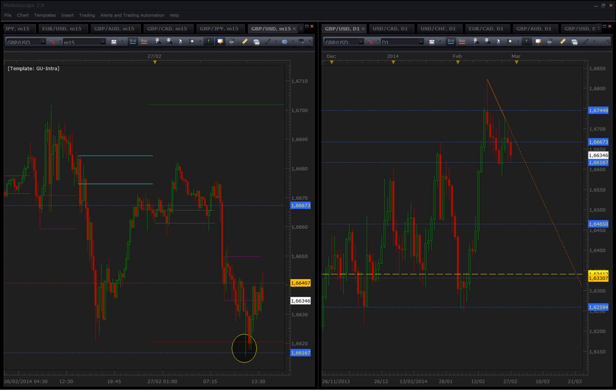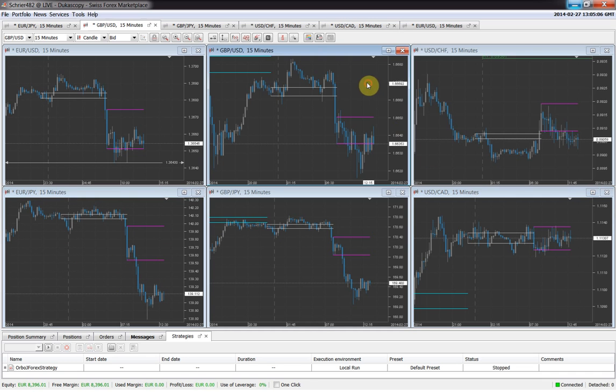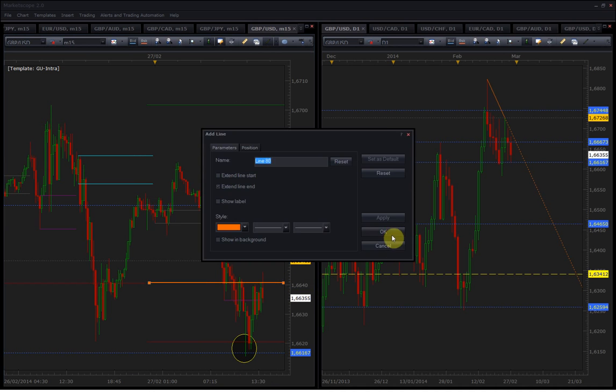So we are gonna wait a little bit for the range to form. Okay, no movement at all. We are seeing some resistance here on the 2-day low on pound dollar.